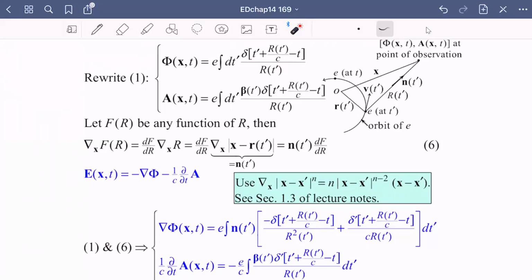R is x minus r t prime, absolute value. So if you want to differentiate this one, the gradient of this one, this is a scalar.